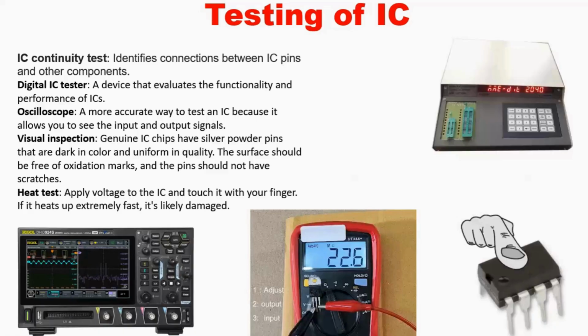And very finally, there is a digital IC tester. The IC tester will tell you, but very few ICs will work on that. Not all ICs will work on that. So please remember the physical checking of heat and the supply voltage, that is very, very important. I will show you that practically when we do the practical session.